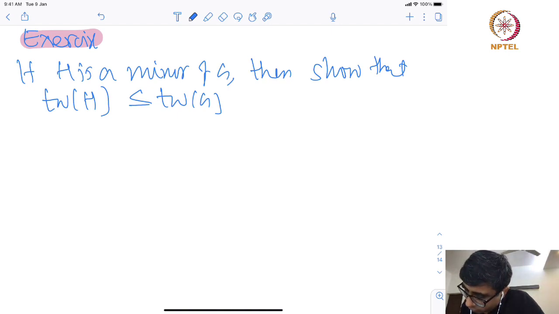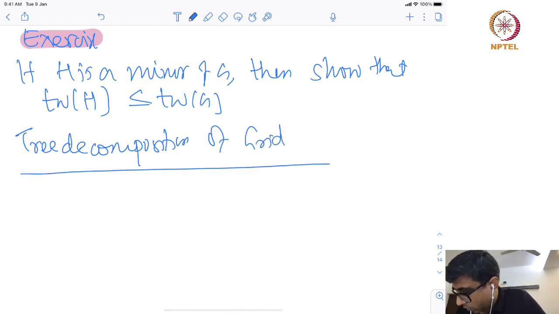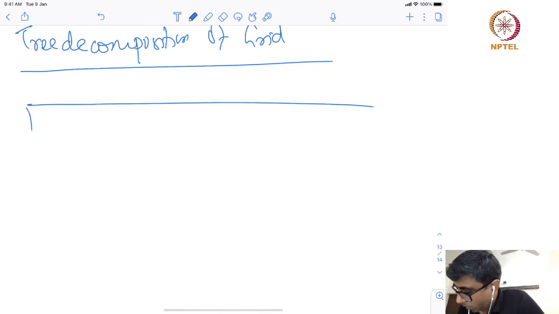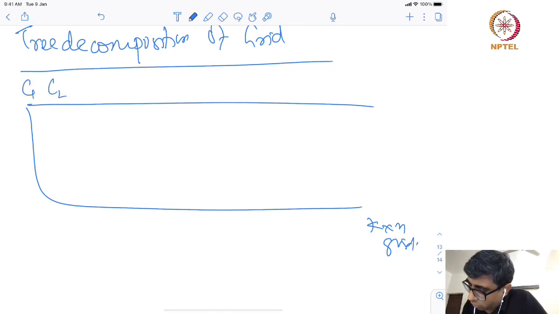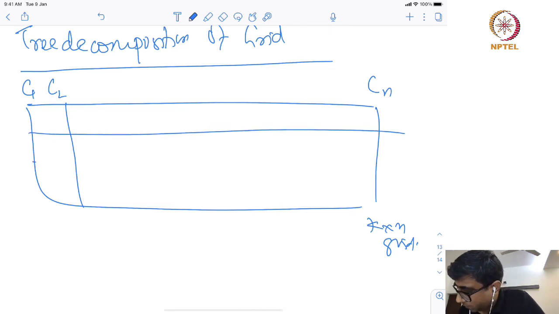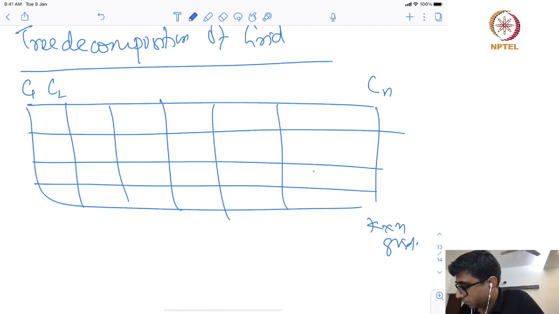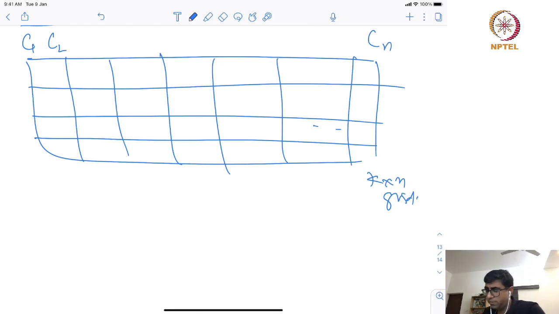Suppose I have this k times n grid, and I have column 1, column 2 and column n. Actually I am going to give you a path, not even a tree.